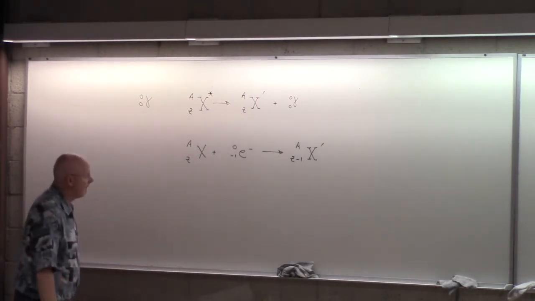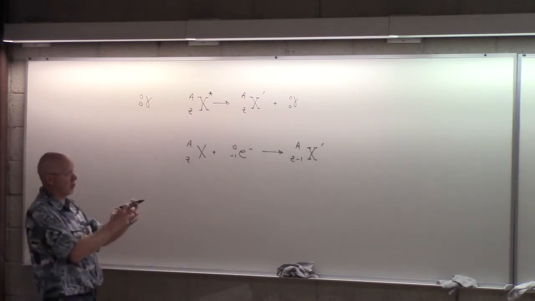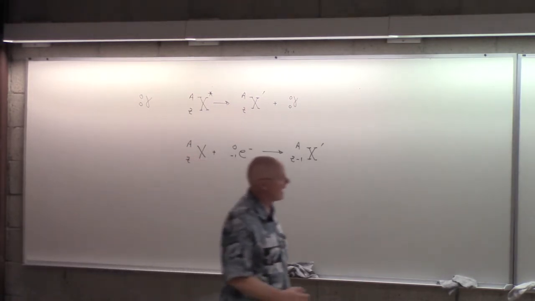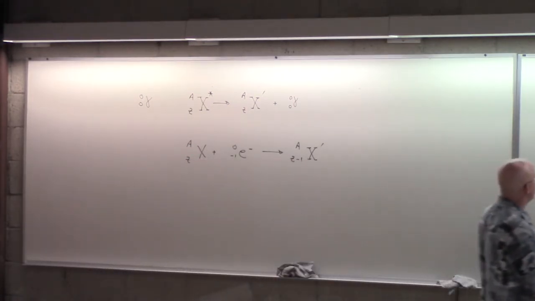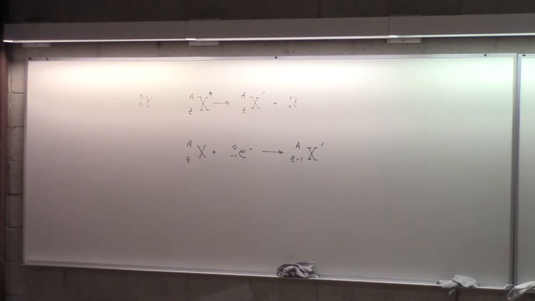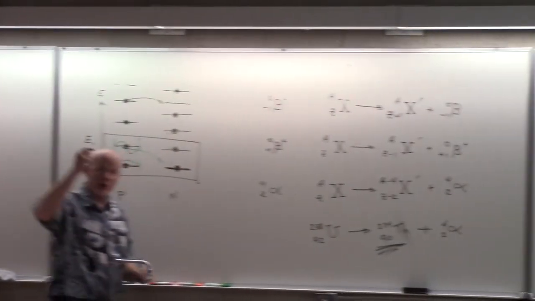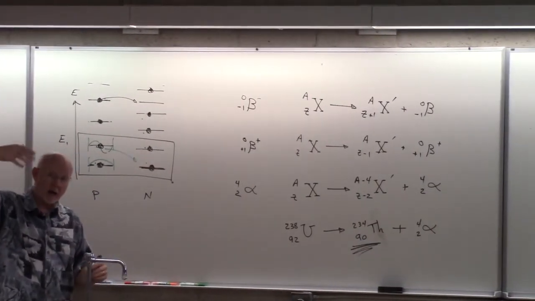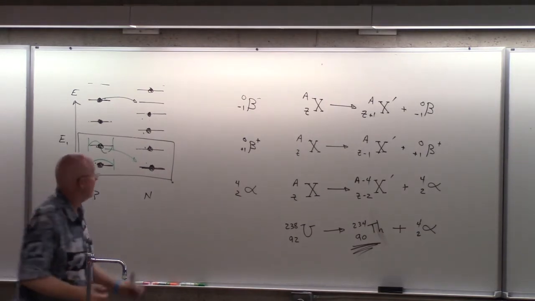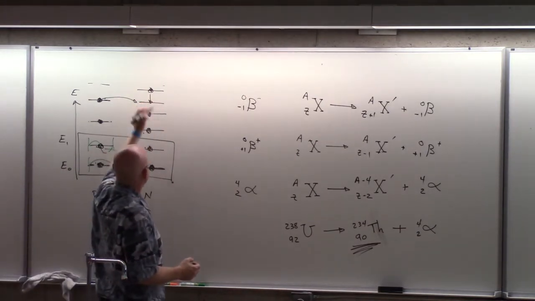Okay? But that capturing may actually give it a bunch of energy. And so maybe I should have put another row up here. So it captures it. It becomes a neutron, but it's a neutron up in a higher energy state here. And then it decays away.